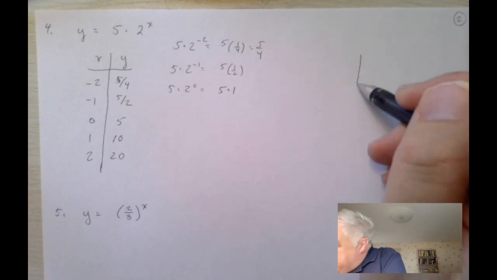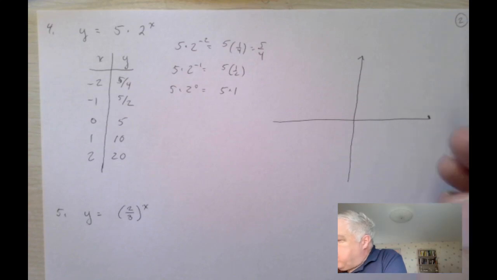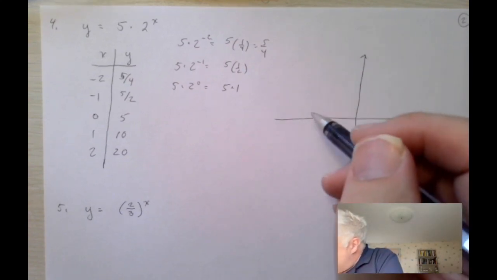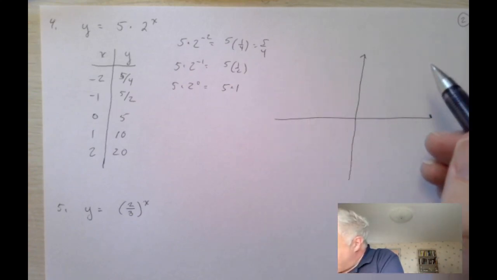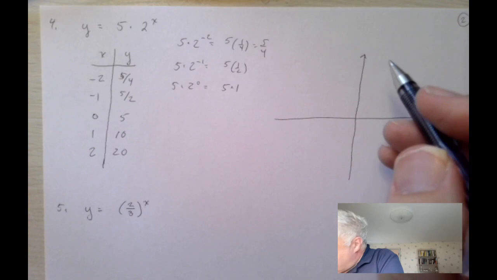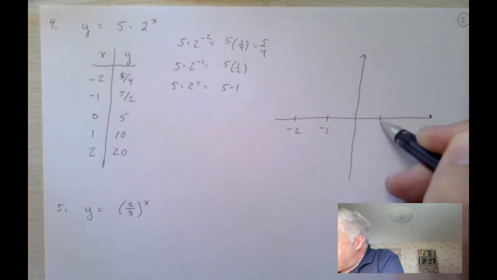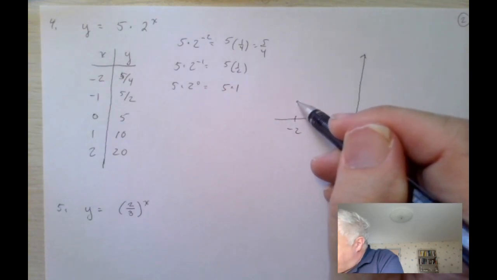So if we plot these points, we'll be even steeper, right? The points will be over here. We have 5/4. Here's negative 2, negative 1, 1, and 2. 5/4 is a little bit bigger than 1.